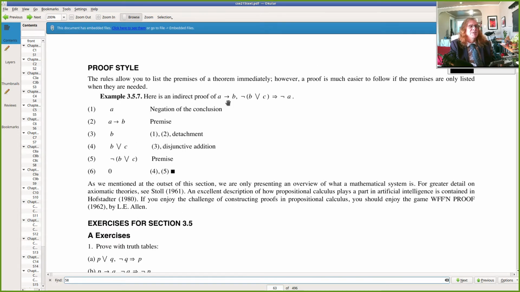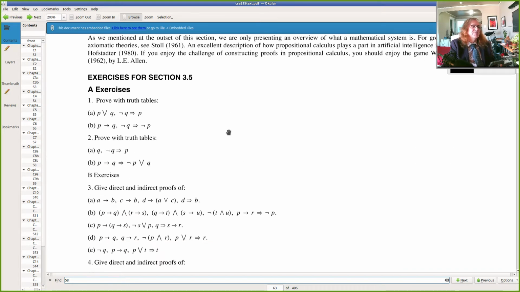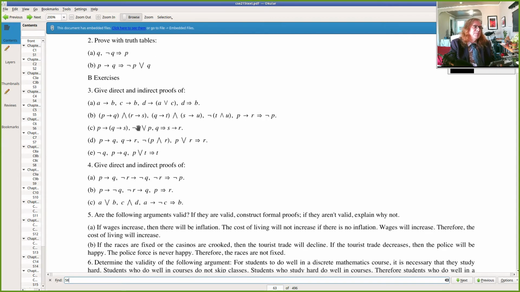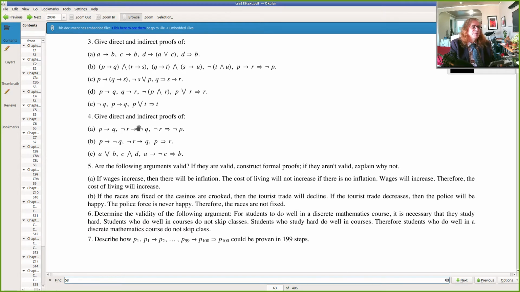For example, given this and this, prove not A. It's really just down to the metal propositional logic. You did a bunch of exercises from here, so I suggest going through those as practice. There are solved problems. The even numbers have solutions in the back, modulo typos that we occasionally find. You can check your work and see if you're doing the right thing.